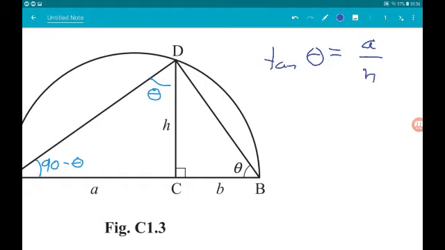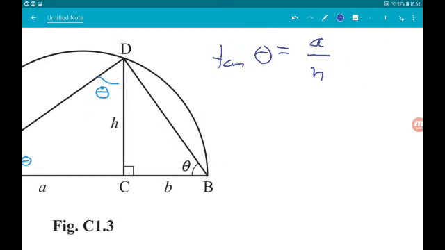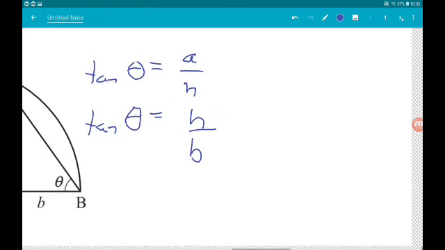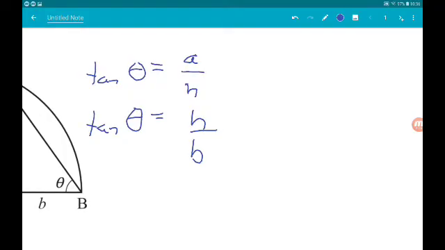From the right-hand triangle we get that tan theta is equal to the opposite, h, over the adjacent, B. Both of these are tan theta, so they are equal to each other.